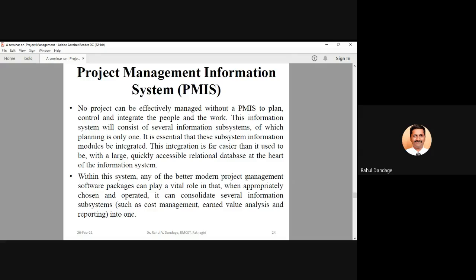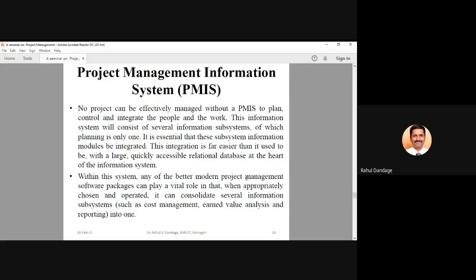So in that particular environment, if there is no proper project management information system available, then there are huge chances of miscommunication, loss of data, problems with data transmission, data encryption, understanding the environment, so many things, and integrating the work which is carried out by different people.